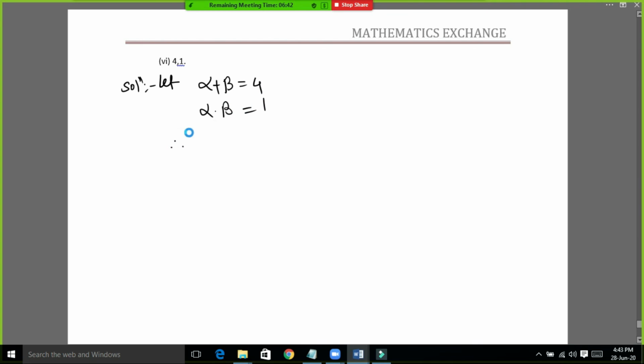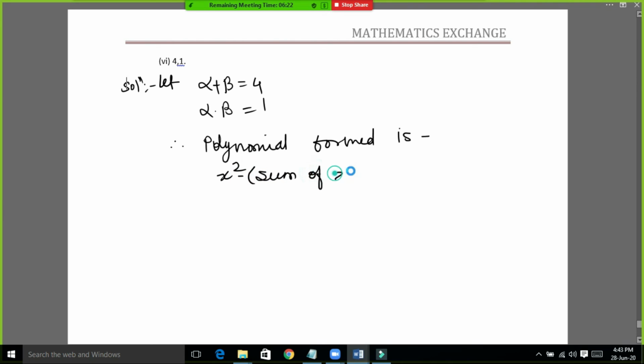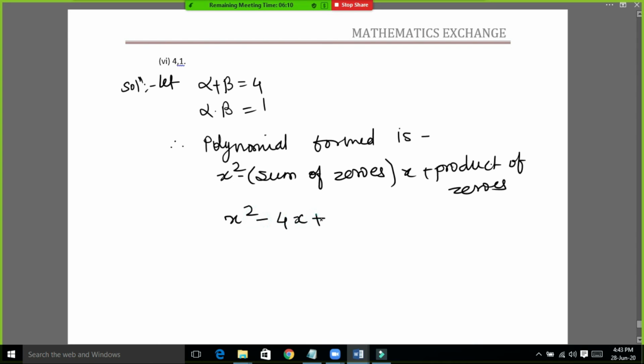Therefore the polynomial form is x square minus sum of zeros into x plus product of zeros. So x square minus sum of zeros, which is 4, into x plus product of zeros, which is 1. So this is the required polynomial.